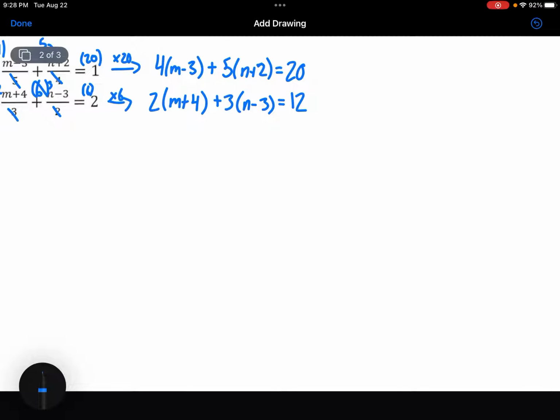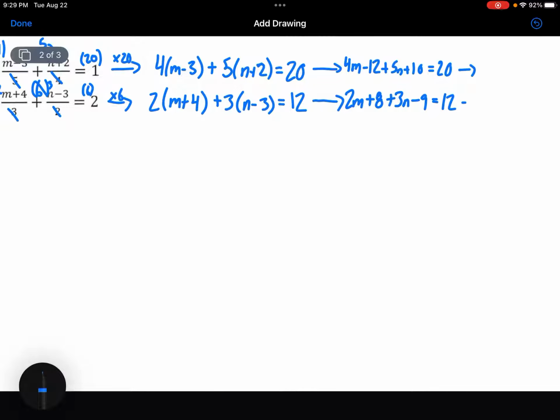So now when we look at this, I'm going to simplify it. 4m minus 12 plus 5n plus 10 equals 20. And then here we've got 2m plus 8 plus 3n minus 9 equals 12.